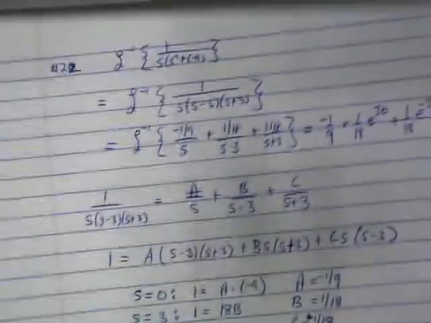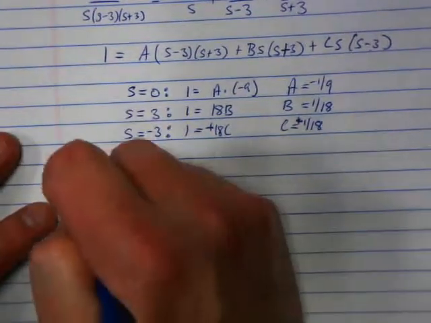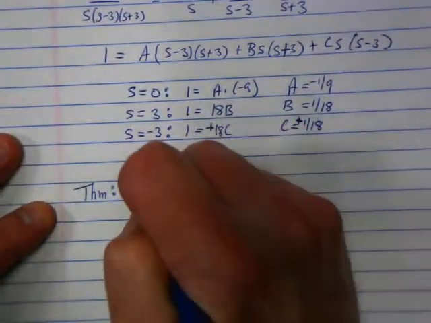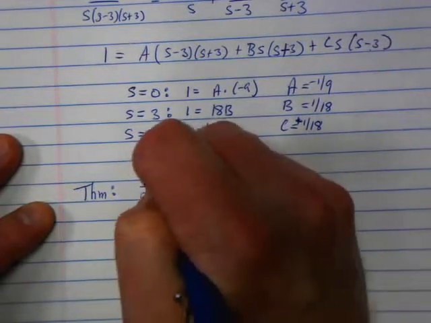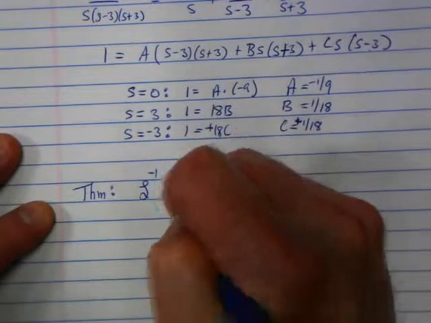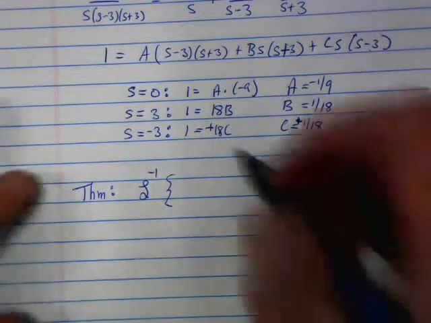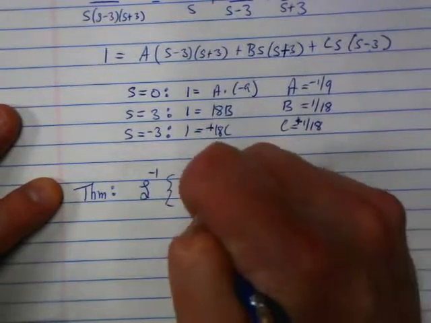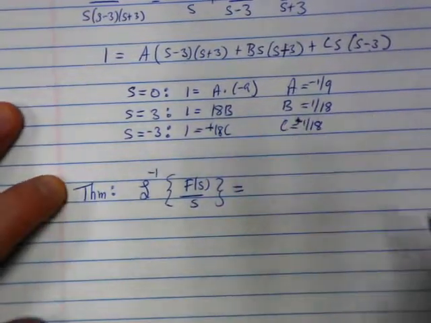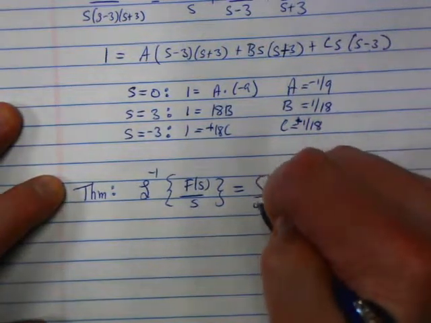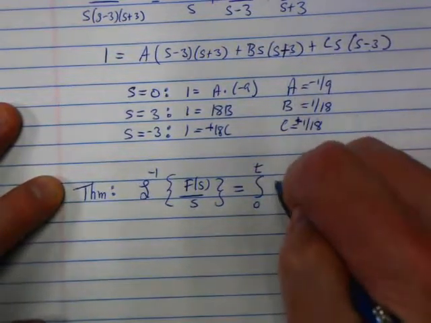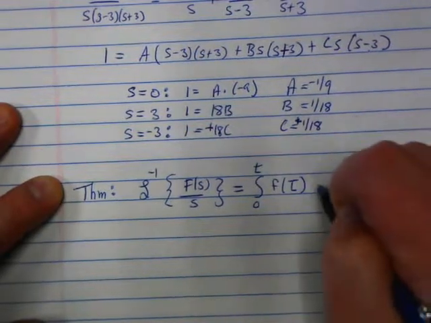Okay, the other option for this problem is there is a theorem that we can use. The theorem says the inverse Laplace transform of, I want to write it the way they have it written here in the book, F of s over s is the integral from 0 to t of f of tau d tau.